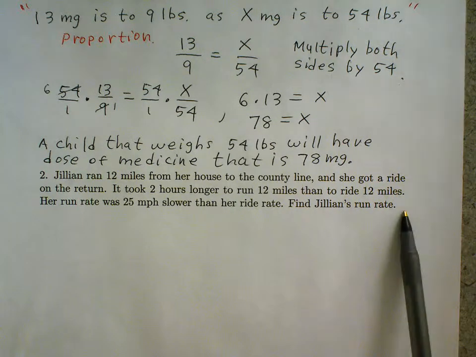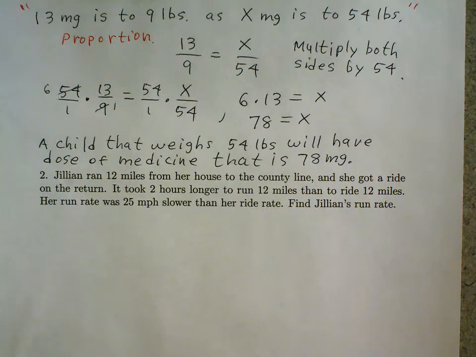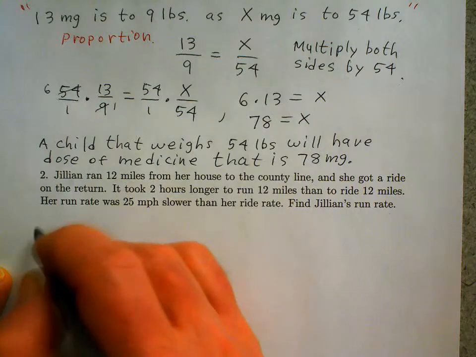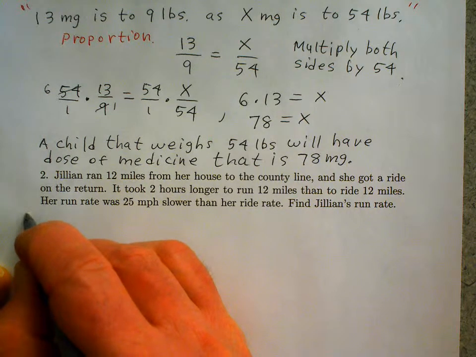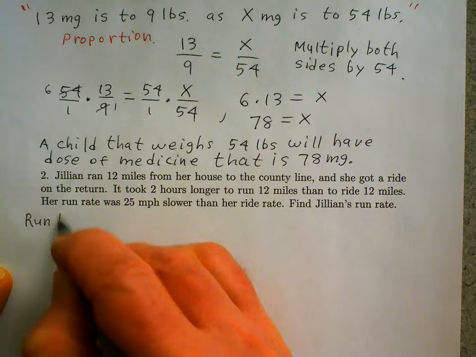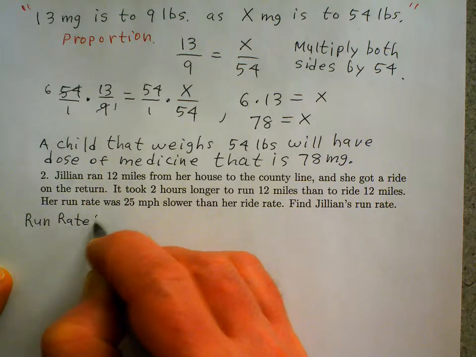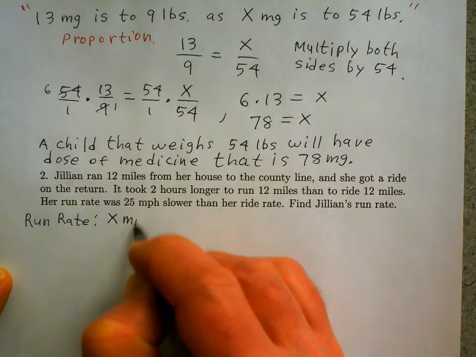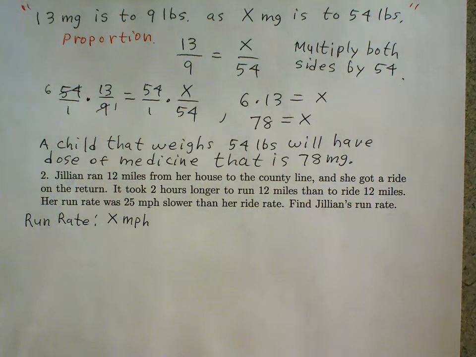This is a uniform motion problem. So uniform motion involves distance equals rate times time. We want to find Jillian's run rate, so we'll assign a variable for the run rate. I'll pick X to represent Jillian's run rate in miles per hour.